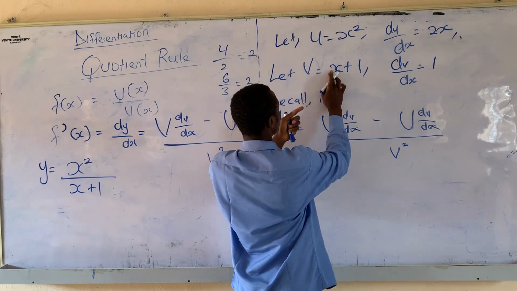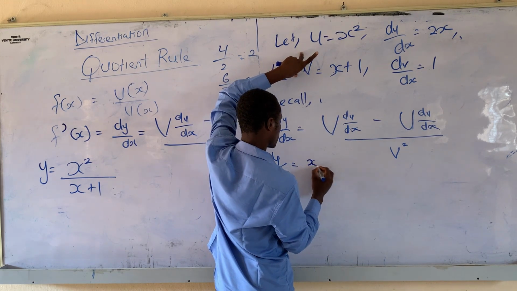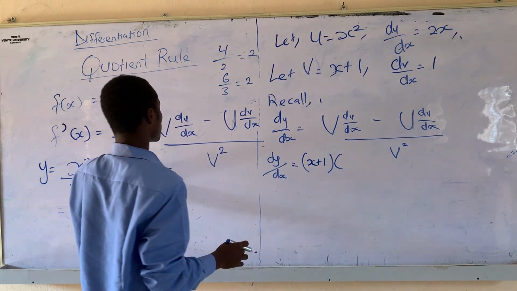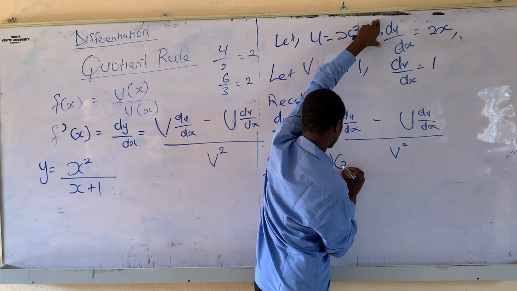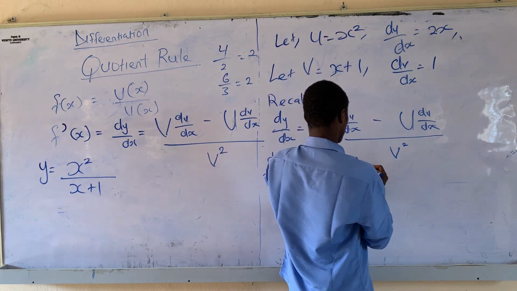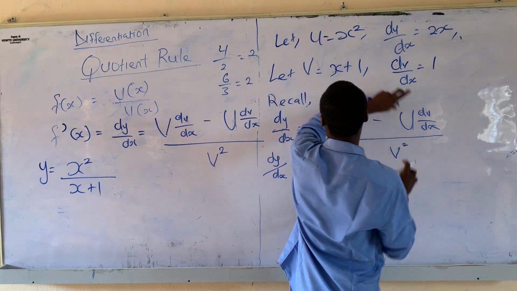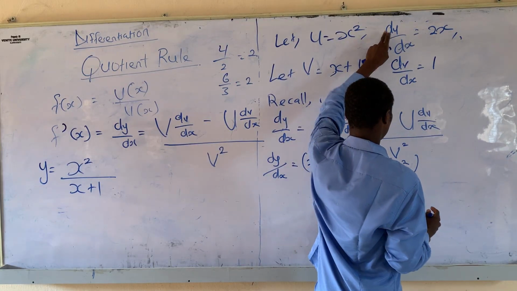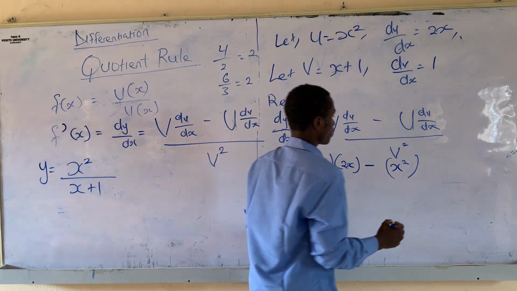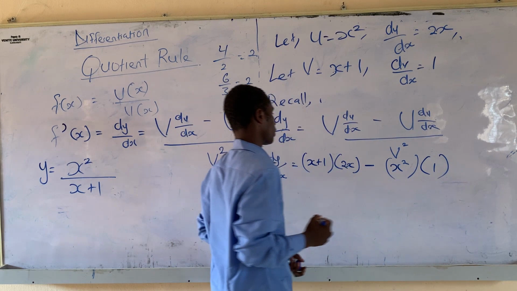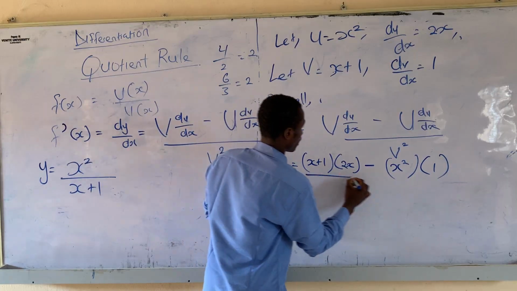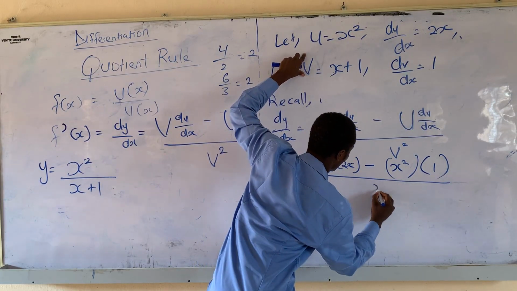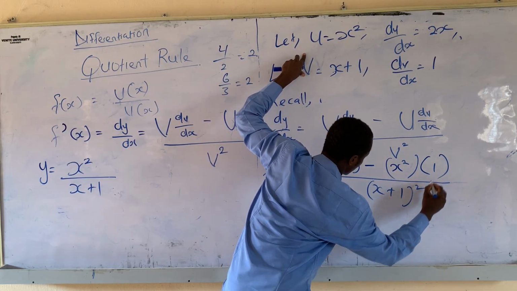Our v here is x plus 1, bracket our du over dx, which is 2x, minus our u, which is x squared, times dv over dx, which is 1, all over our v squared, where v is x plus 1, squared.